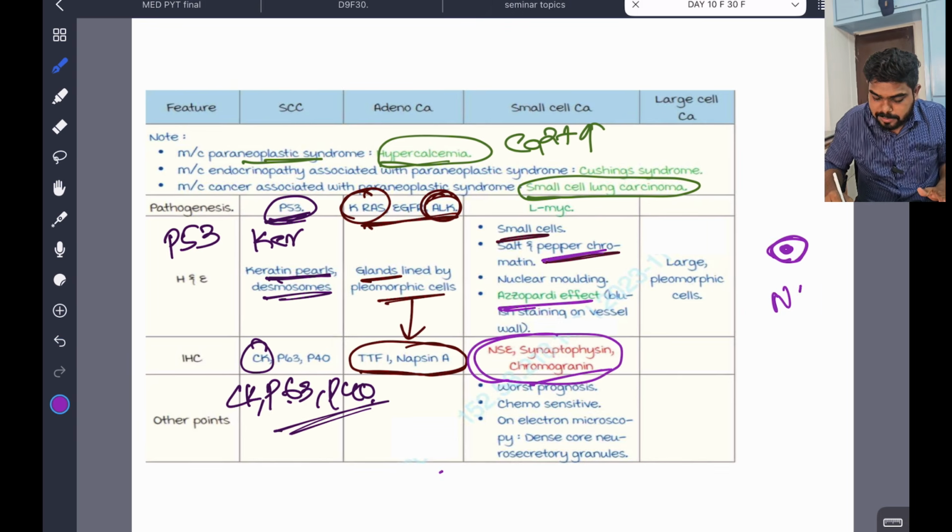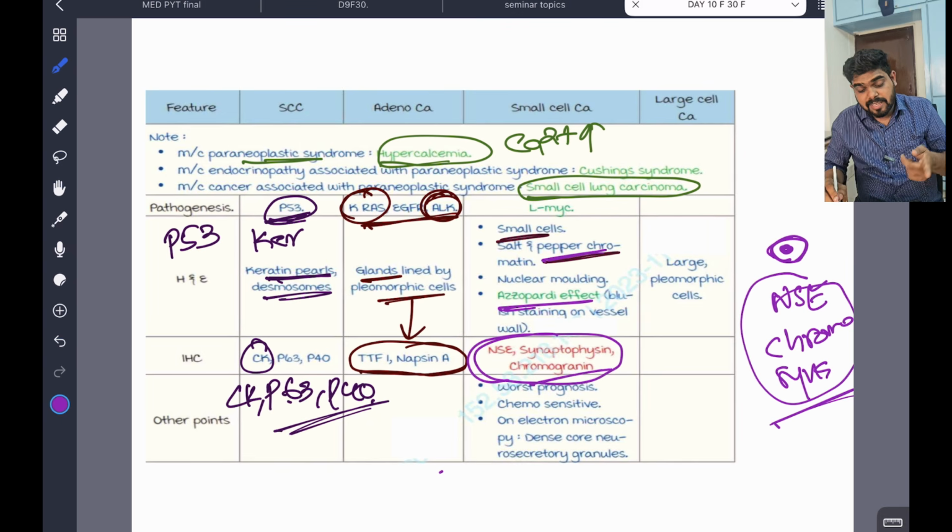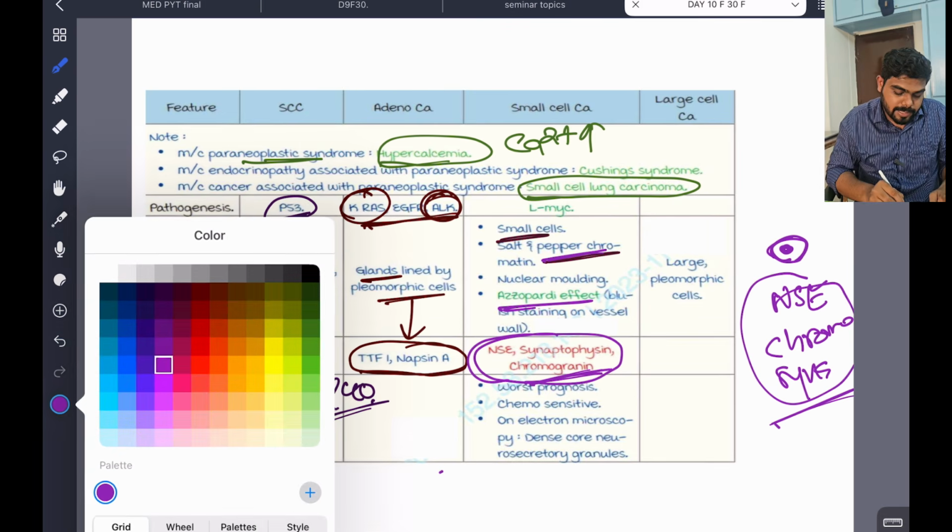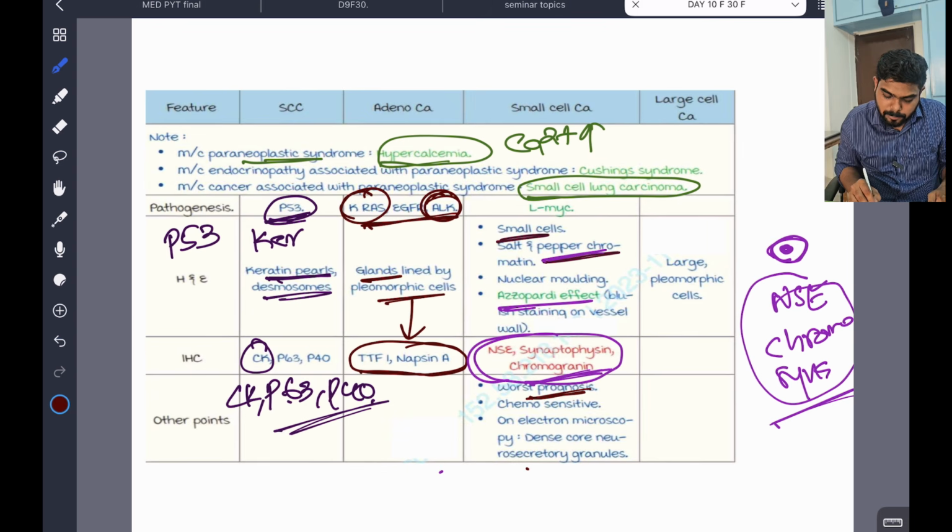This is important because these same IHC markers come in all small cell neuroendocrine cancers. Small cell cancers are there in GIT and in different areas. This is very important. So this small cell, which has a strong association and the most paraneoplastic syndromes, is why it has the worst prognosis, though it has chemosensitivity. This is the worst prognosis, very important.